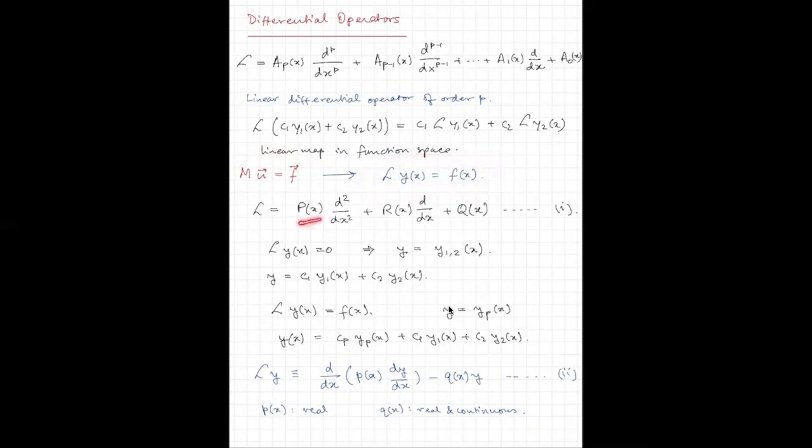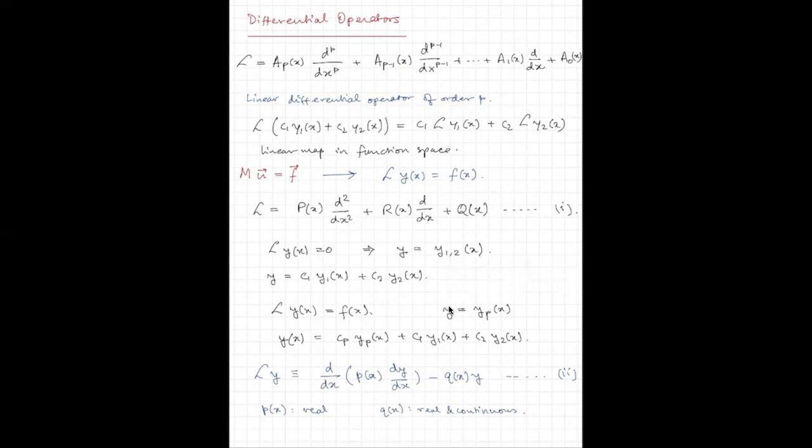If p, q and f of x are supplied to you, you need to find what y is. The formal solution would be y of x equals L inverse acting on f of x.